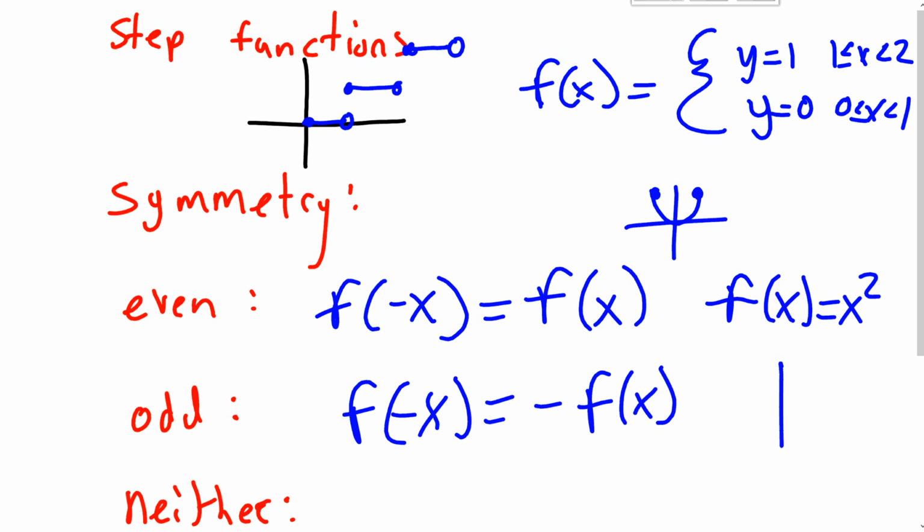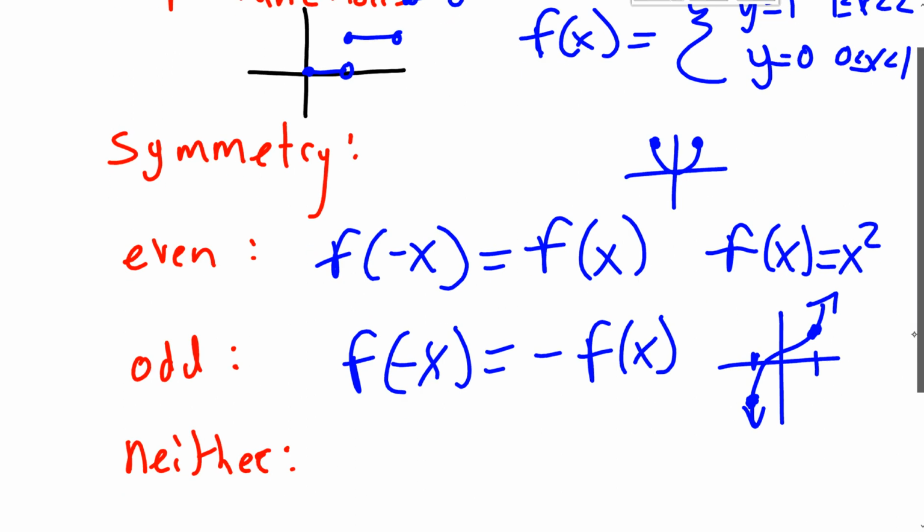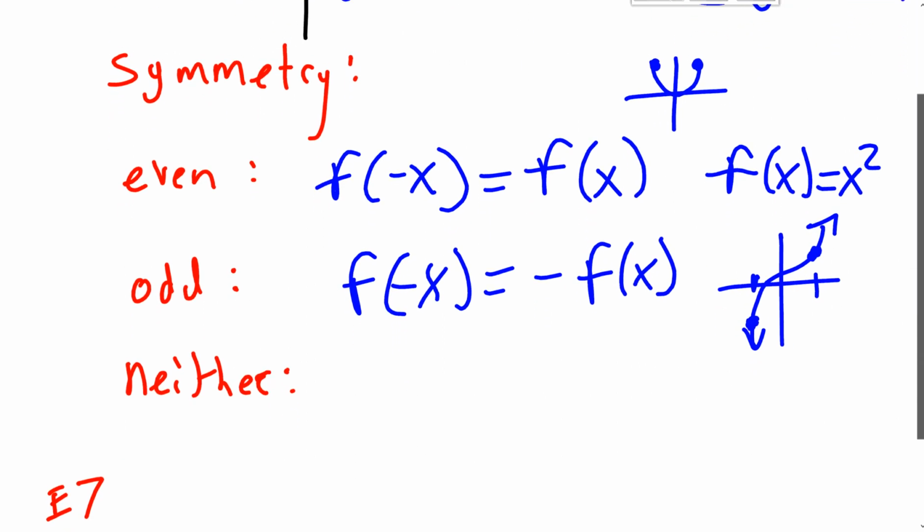Same point here, same point here. This one's a cubic, right? Because if I have this x, say, is 2, and I get 8, when I do -2, I get -8, right? Negative f of x means just the opposite of your y value. So I get the opposite answer when I plug in a negative x.